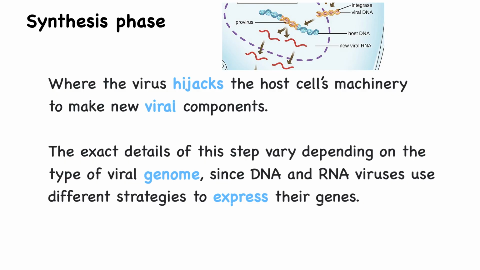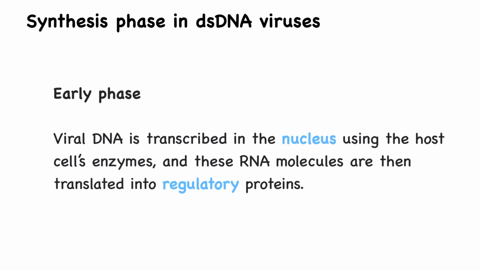The synthesis phase follows, where the virus hijacks the host cell's machinery to make new viral components. The exact details of this step vary depending on the type of viral genome, since DNA and RNA viruses use different strategies to express their genes. As an example, in double-stranded DNA viruses, synthesis typically occurs in two stages.